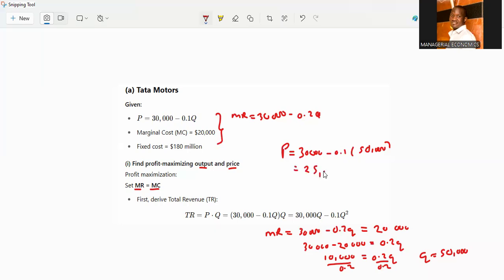The price here will be 25,000. Are we following? Are we together? Yes, yeah. Okay. Any questions at this point?